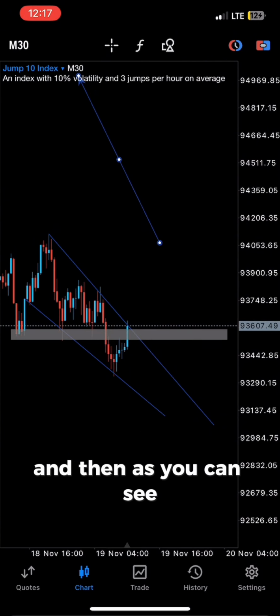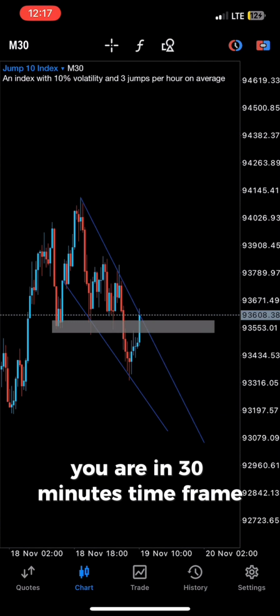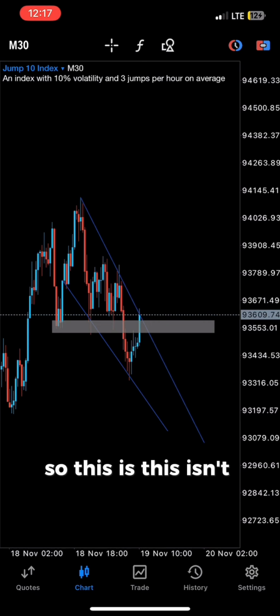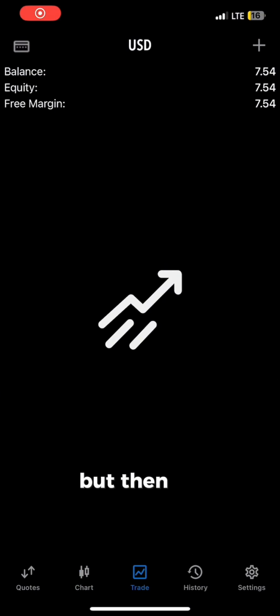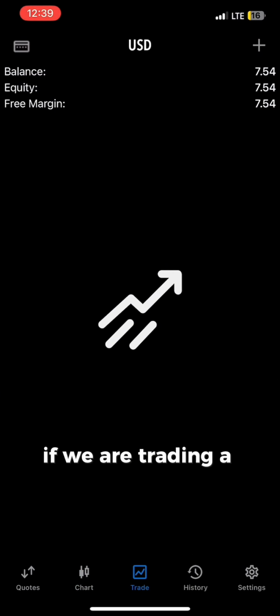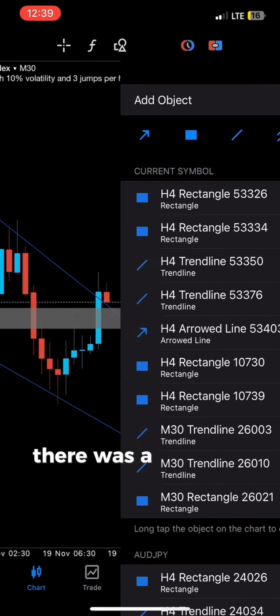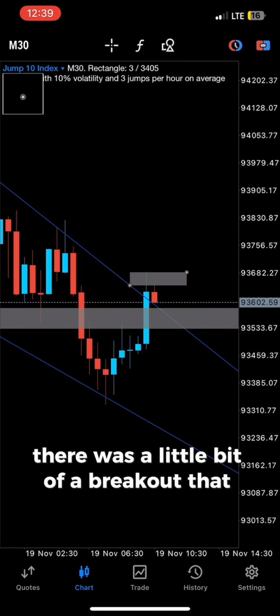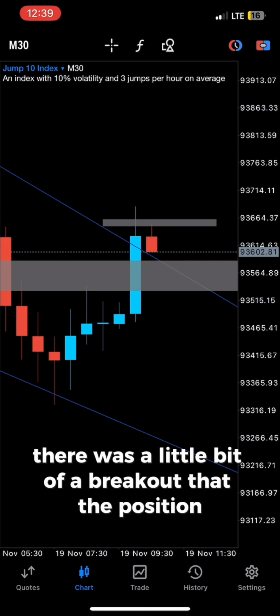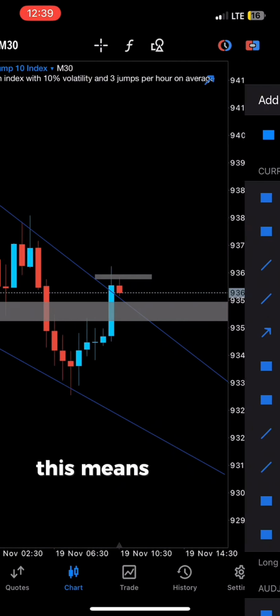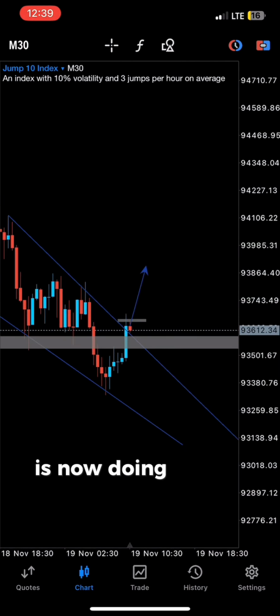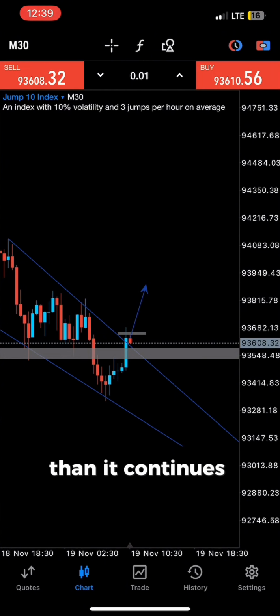And then, as you can see, you are in the 30 minutes time frame. So this isn't safe to trade, but then if we are trading a small account, it's not that harmful. So as you can see, there was a little bit of a breakout at that position. This means that the market is now doing a little bit of a retest, then it continues going up.